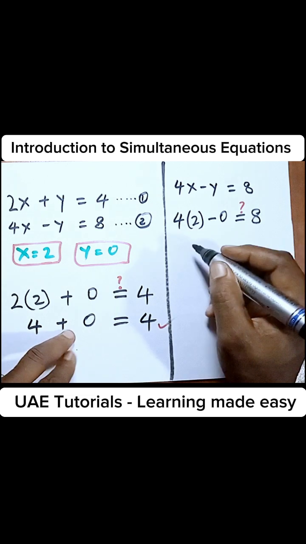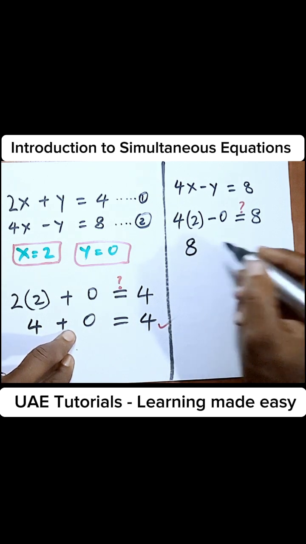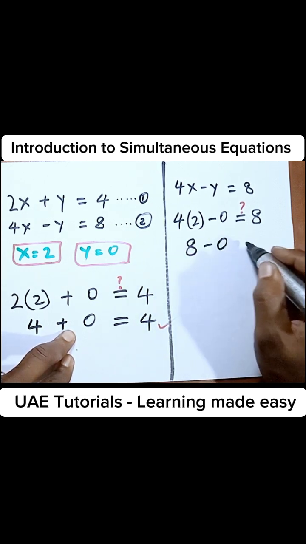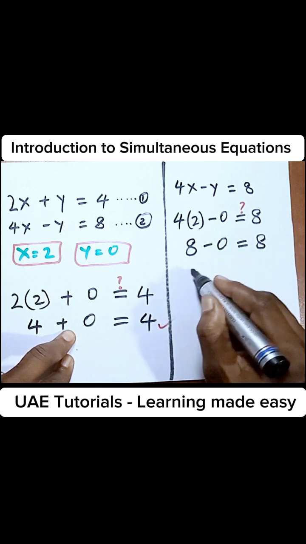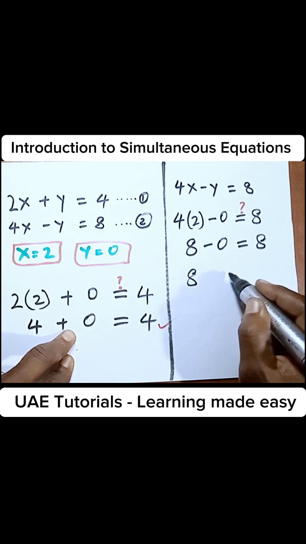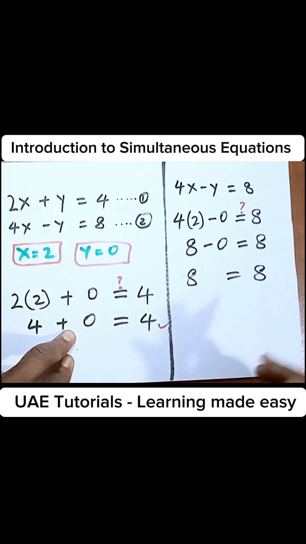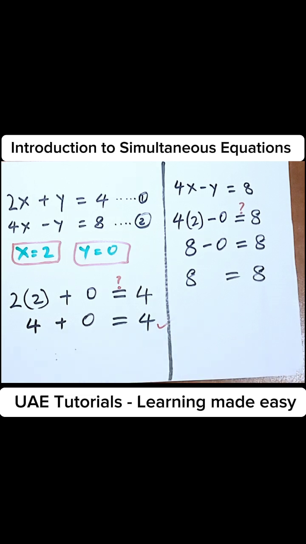What is 4 times 2? 4 times 2 is 8, minus 0, and hooray, that actually gives us 8. 8 equals 8. So the two equations are satisfied by the values that we got.